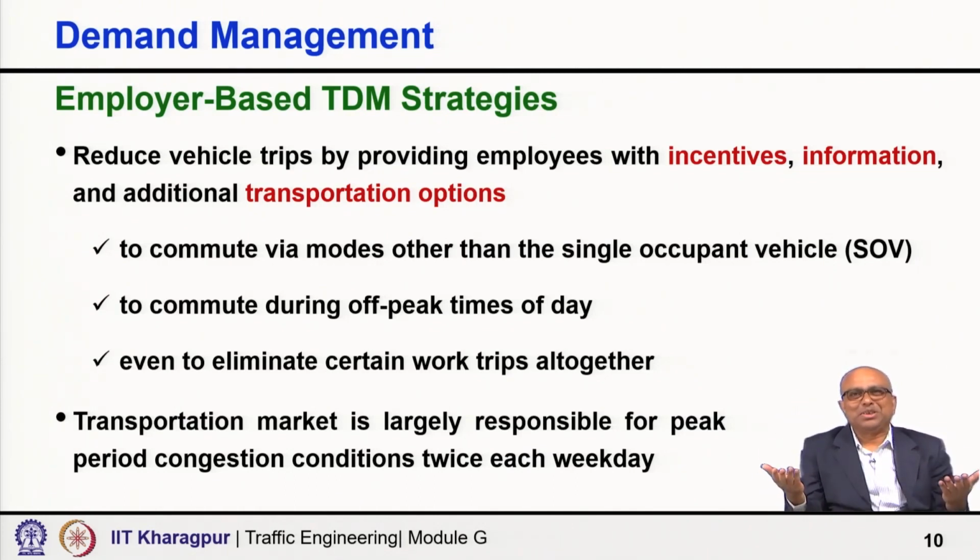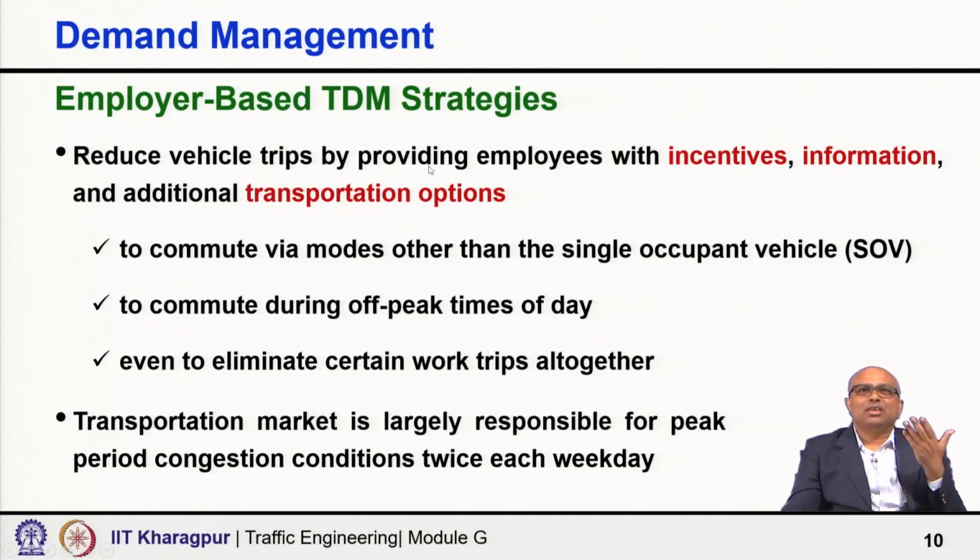So, with my existing facility, if I can reduce the overall vehicle volume, if I can reduce the overall demand, or if I can shift some of the trips from peak hour to non peak hour, then my overall system will gain and I will get better performance.